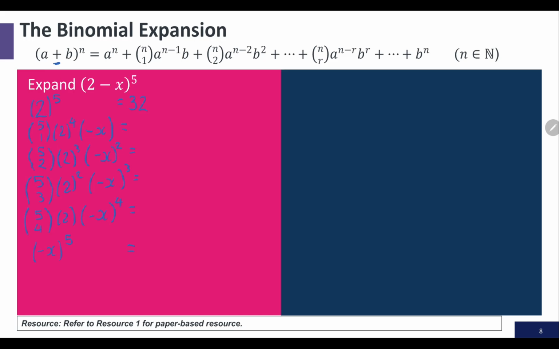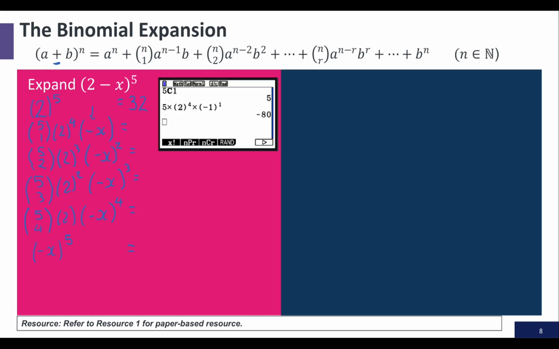So this next term here, what's going to go in my calculator is 5 choose 1, multiplied by 2 to the 4, multiplied by minus 1, because that is effectively minus 1 lot of x. And there it is. 5 choose 1, which is 5, multiplied by 2 to the power of 4, multiplied by minus 1 to the power of 1, which is this little bit here.